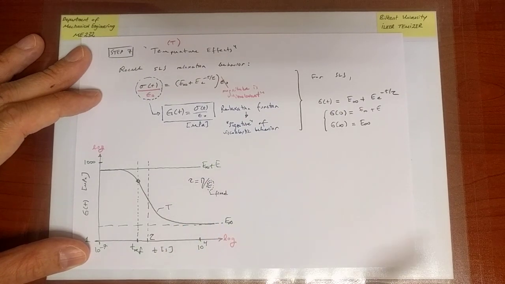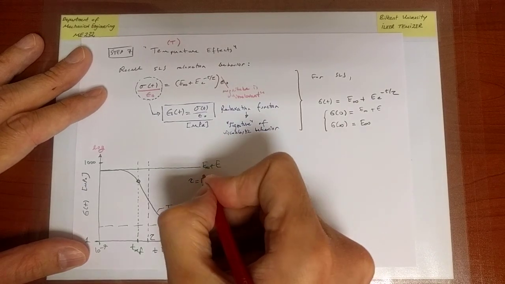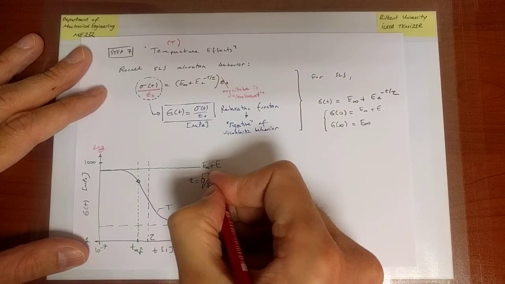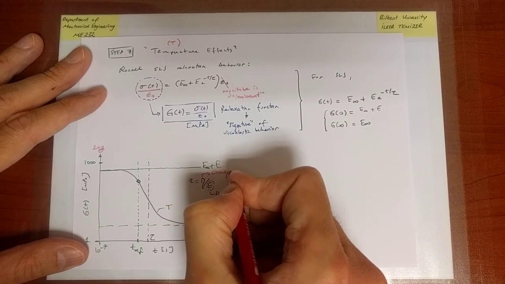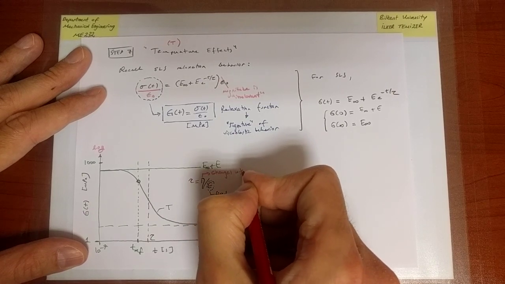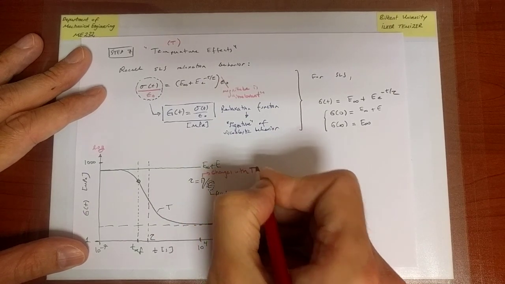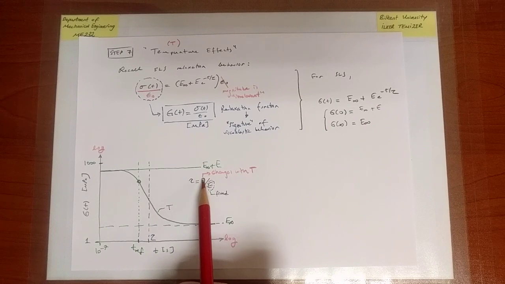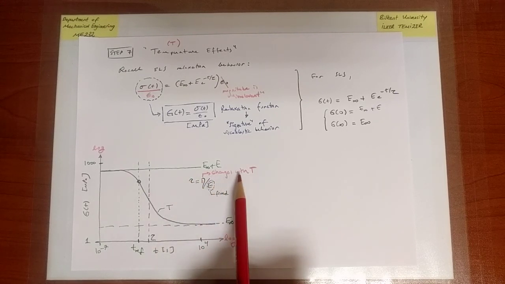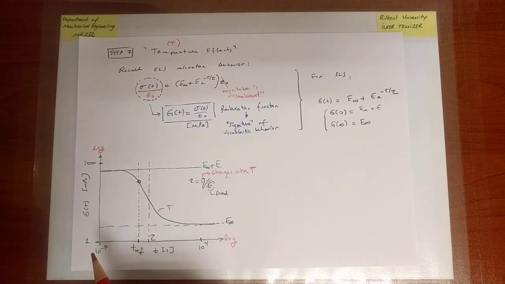So what changes here is the viscosity in our model. Okay, and eventually that's the way we're going to reflect temperature effects onto the viscoelastic material, by making either the viscosity or the relaxation time somehow a function of temperature.